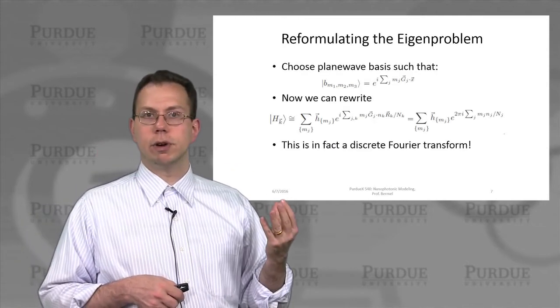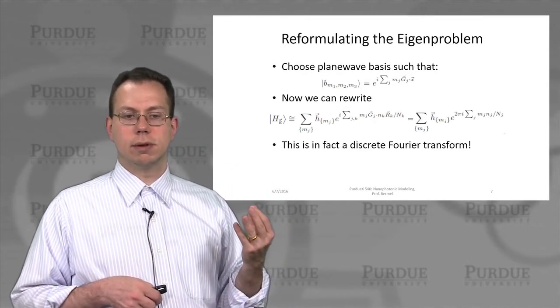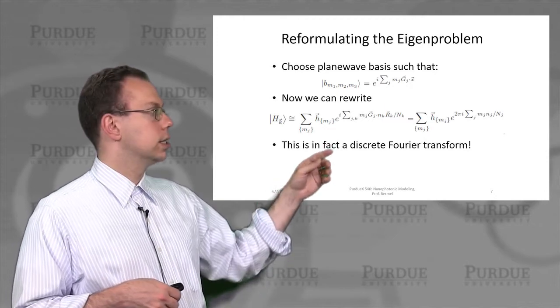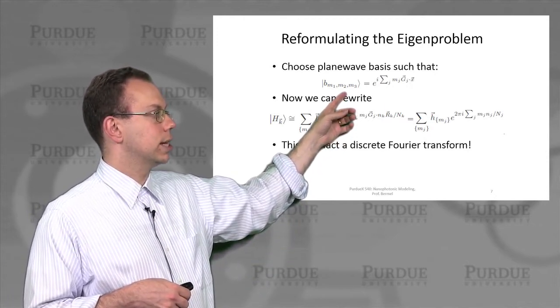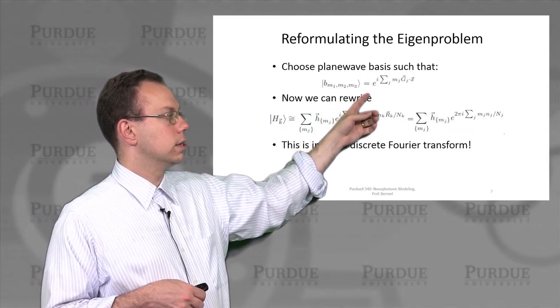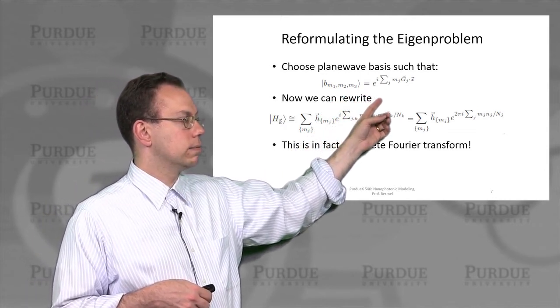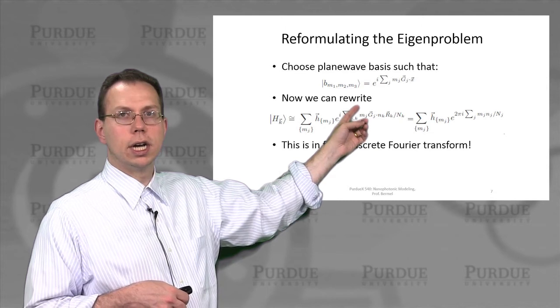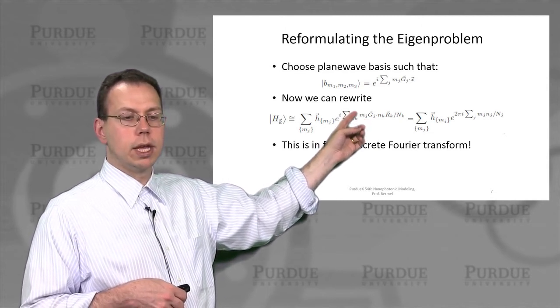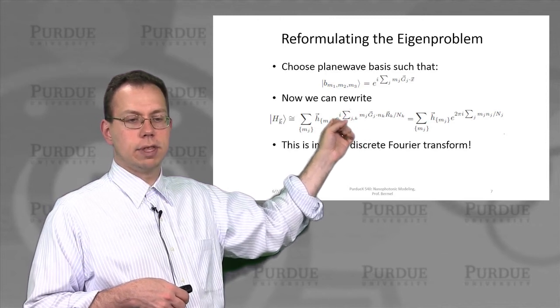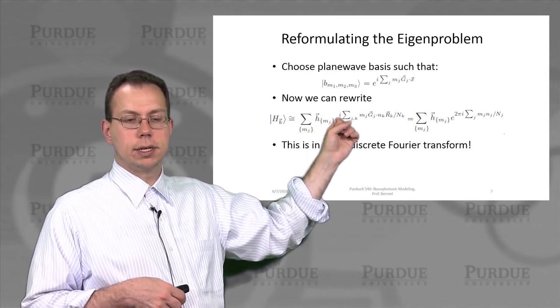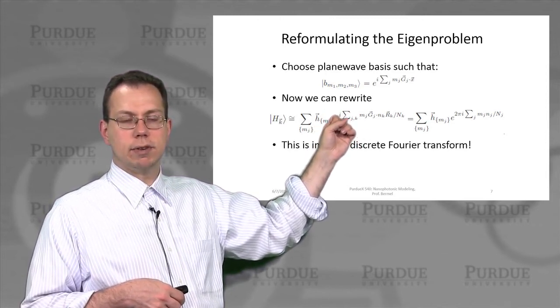Now we can actually reformulate the eigenproblem to put it in a plane wave basis, and you can see very clearly here, we've written it as a complex exponential depending on the reciprocal lattice vectors. So it's basically a simple Fourier representation. And then we can write H_K as a sum of the B's times the plane wave basis that we had earlier.